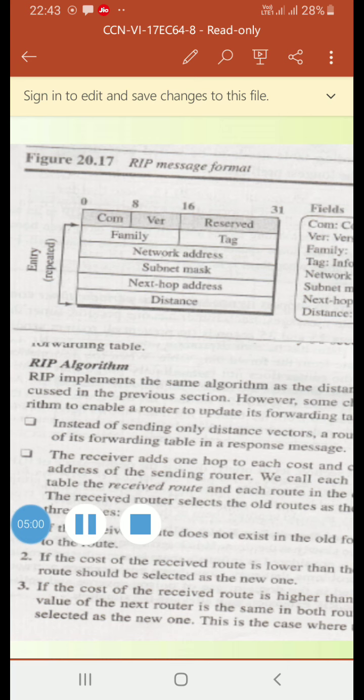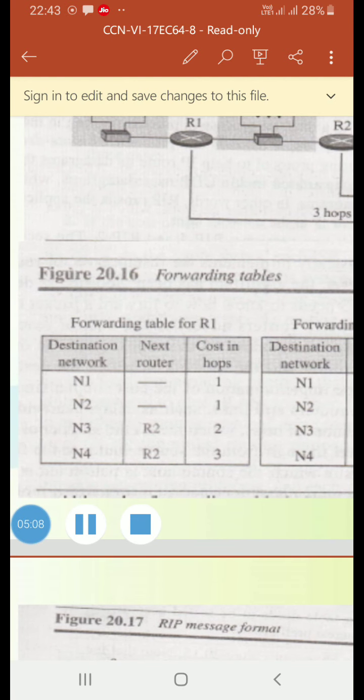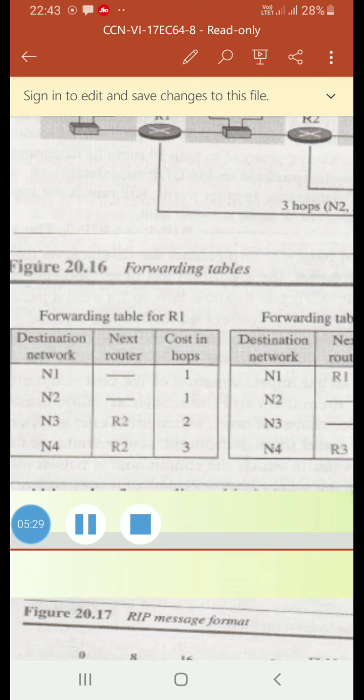For example, R1 defines that the next router for the path to N4 is R2. R2 defines that the next router to N4 is R3.